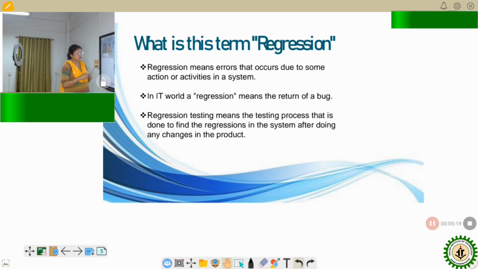Some errors occur. Regression testing is a testing process done to find the regression in the system after any changes in the product.